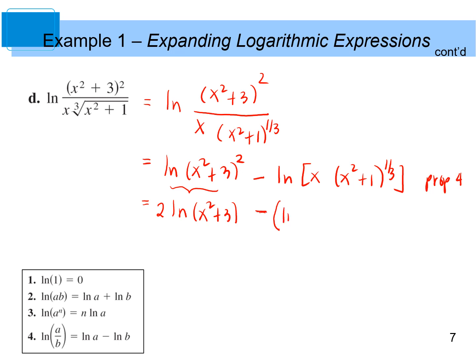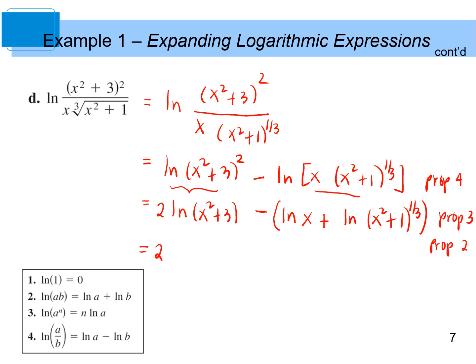So we separate these two expressions as ln of x plus the ln of (x squared plus 1) raised to 1 over 3. So we use two properties here. We use property 3 for the first term, and we use property 2 for the second term.